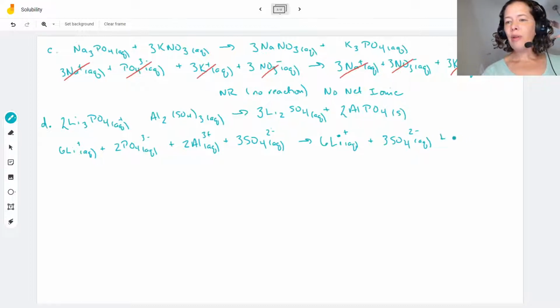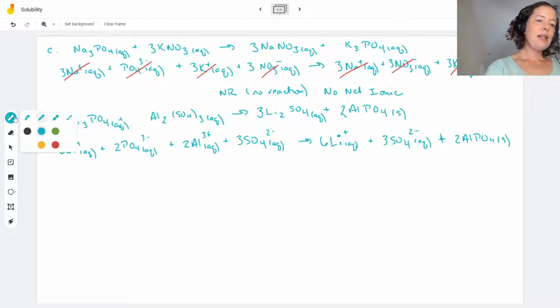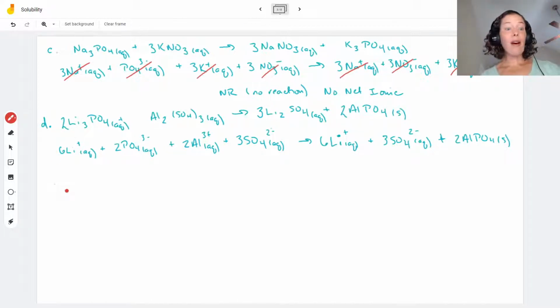And then my aluminum phosphate just stays because it is insoluble. And that is a solid. Okay, so again, just double check and make sure everything's balanced. So my lithiums are balanced. 2 phosphates, 2 phosphates, 2 aluminums, and 3 sulfates. That's great. That's fantastic. Now I'm ready to get rid of my spectator ions.